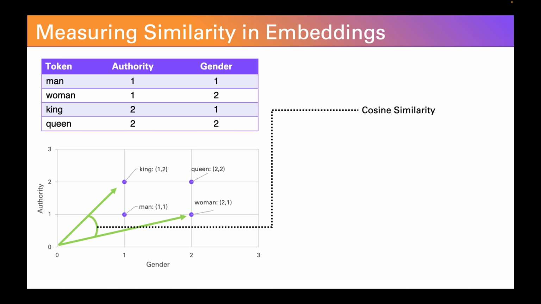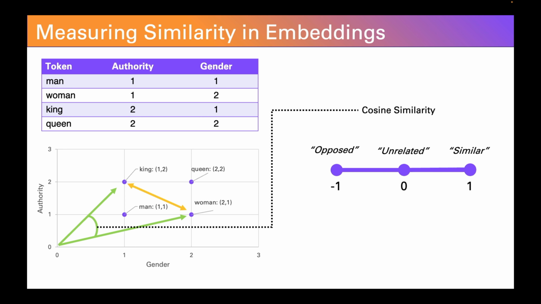The way cosine similarity works is it measures the angle between the vectors of the 2 points. You can think of this as basically saying how close they are to pointing in the same direction in space. And cosine similarity varies from -1 to 1, where 1 is very similar, 0 is unrelated, and -1 is opposed. This sense of opposed is not opposite in the conventional sense that you might expect.